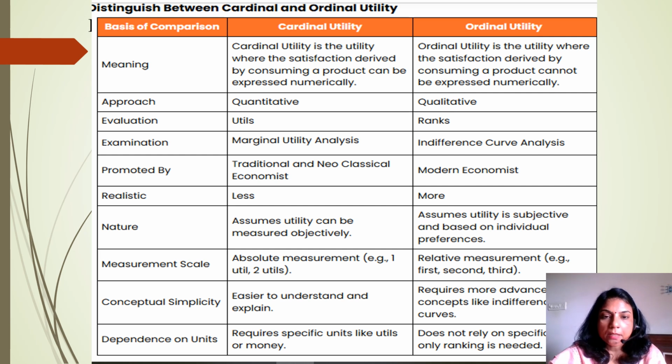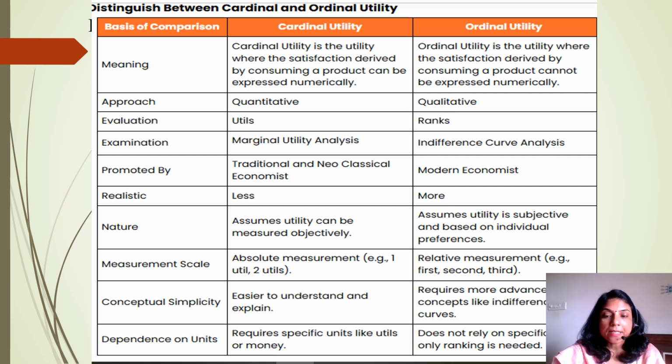Examination: cardinal is based on marginal utility analysis, but ordinal utility analysis is examined by indifference curve analysis. Cardinal utility analysis is promoted by traditional and neoclassical economists, but ordinal utility analysis has been promoted by modern economists.